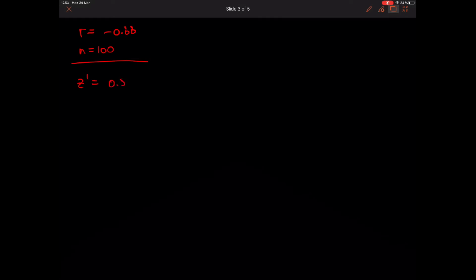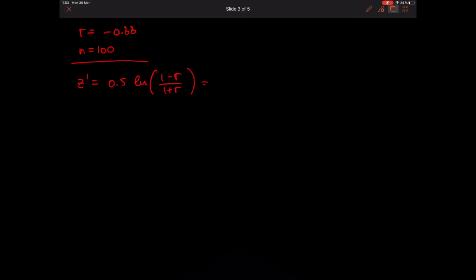We take a half of the natural logarithm of 1 plus correlation divided by 1 minus correlation. I had it the other way around, of course; this is plus and this is minus, sorry for that.